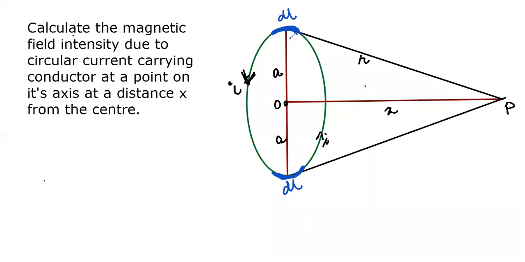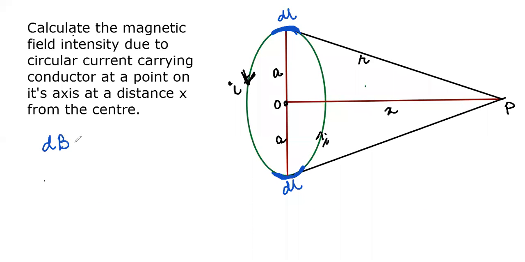This is actually your dl, and this is also dl. Now this is your r. I consider this r to be this distance from this small strip over here. Now what should be the direction of the current element? And over here what shall we be using?